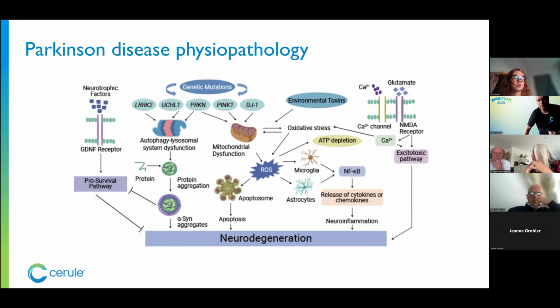What is important also is the fact that environmental toxins, such as pesticides, heavy metals, can also increase the oxidative stress and the mitochondrial dysfunction. This will raise the quantity of reactive oxygen species that will potentially lead to cell death, so the apoptosis, the neurodegeneration.